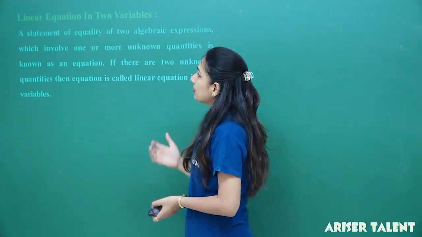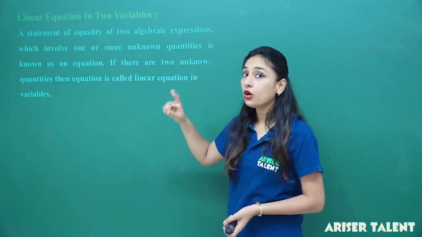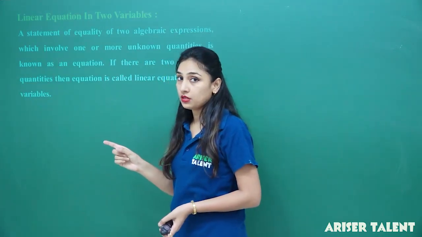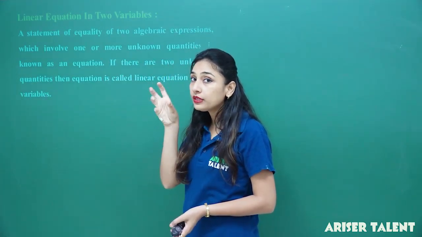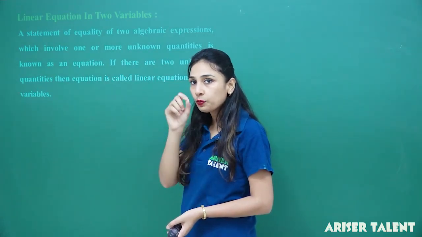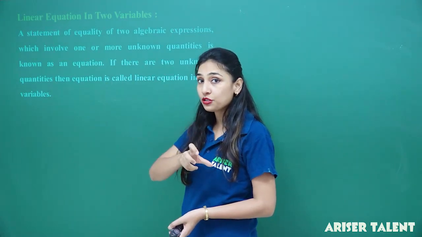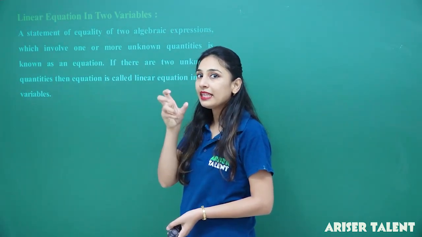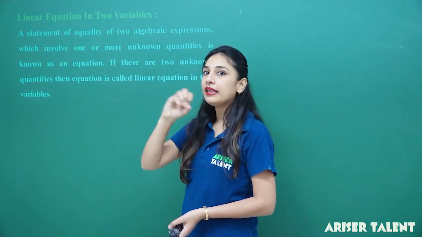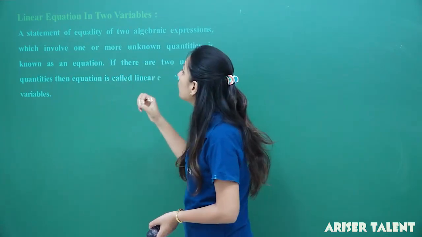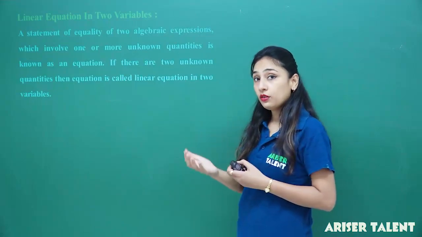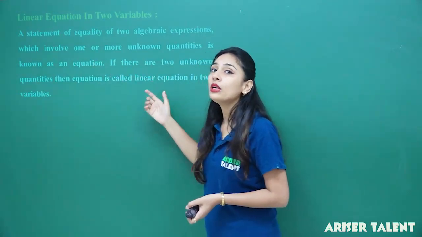A linear equation in 2 variables is a statement of equality. Now equality means the equal sign between 2 algebraic expressions. Whenever you don't put the equal sign, it is only an algebraic expression. As soon as you put the equal sign, the algebraic expression, that means the expression that is containing algebra, that means x, y, z, a, b, c, which involves one or more unknown quantities, is known as an equation.